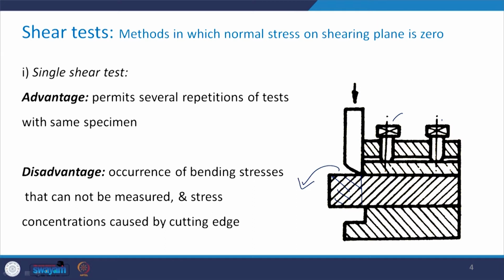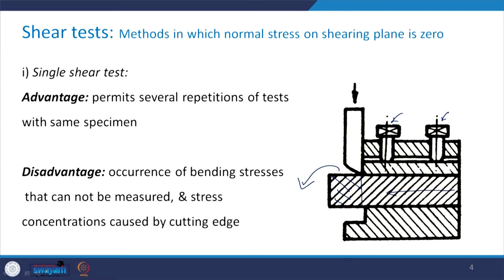The advantage of the single shear test is, let us say that you have conducted the test and this portion has been cut and it is out. Then we can just open these fixtures a little bit, just loosen them and replace this specimen in this direction.